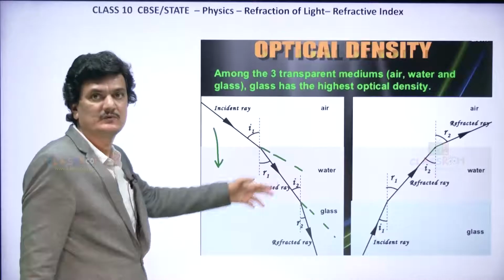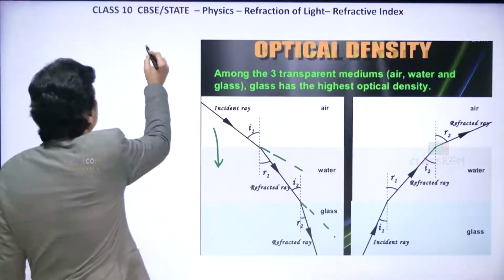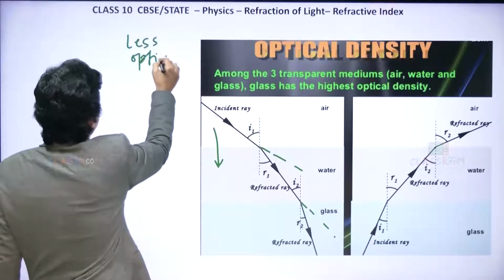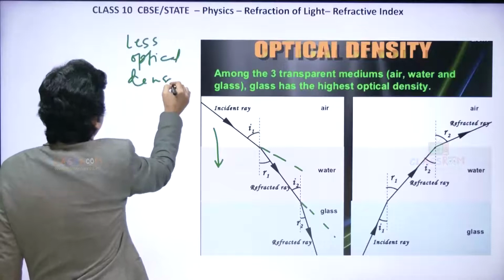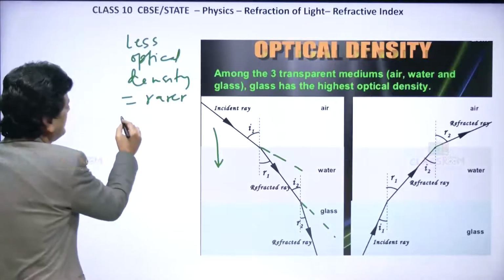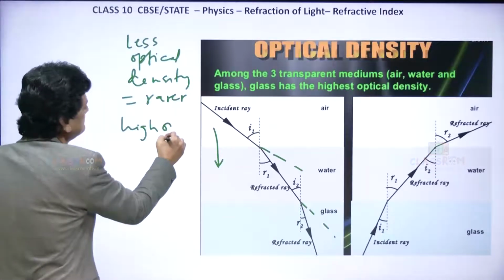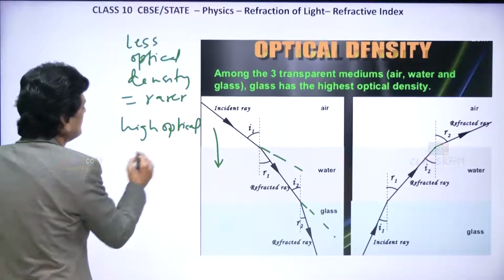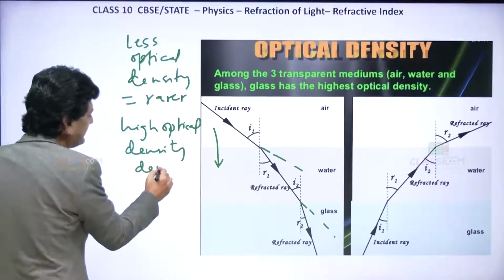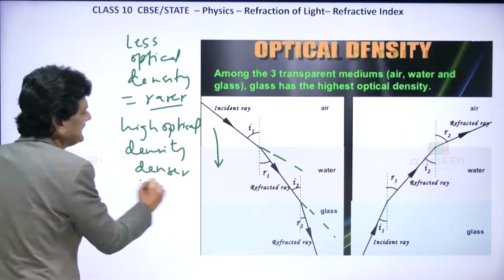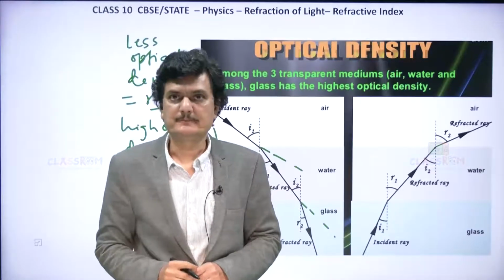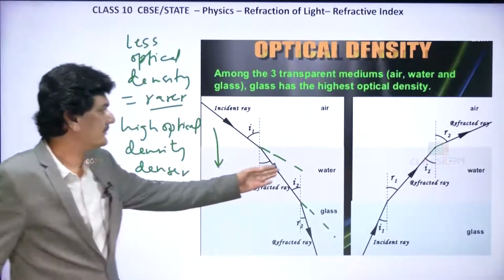The one with less density, we will call it less optical density, that is the rarer medium, and the one with high optical density will be the denser medium. So in the context of refraction, when we talk about rarer and denser medium, we are talking about optically rarer and optically denser medium. And water is optically denser than air.